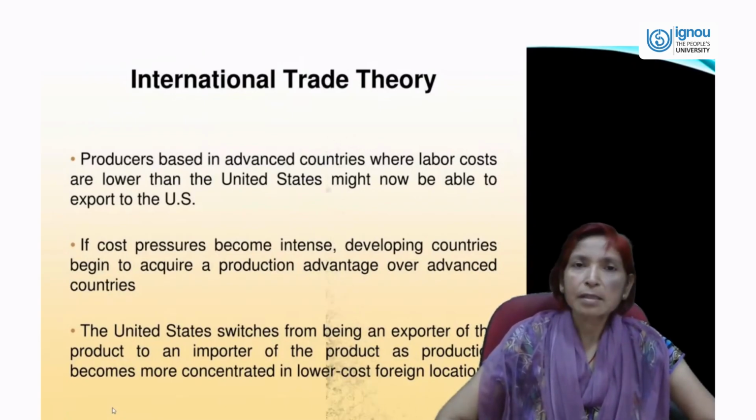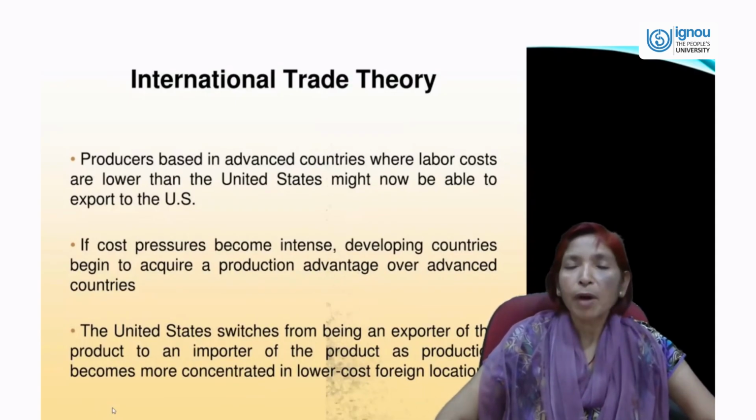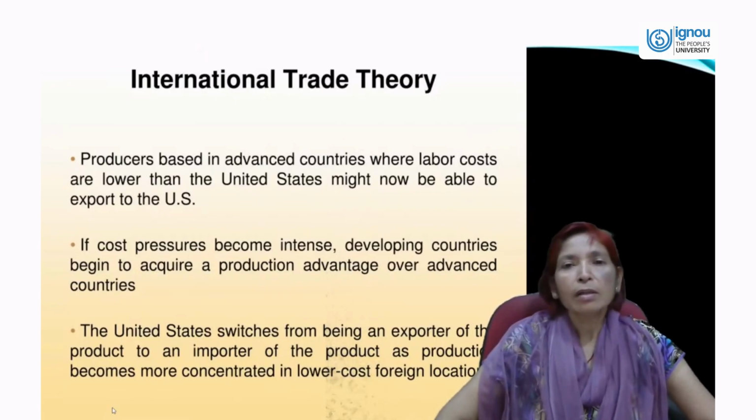In some countries, capital is more than labor, like USA, Britain, and some advanced or developed countries; they always have more capital but less labor. On the other hand, in developing or less developed countries, they have more labor but less capital.